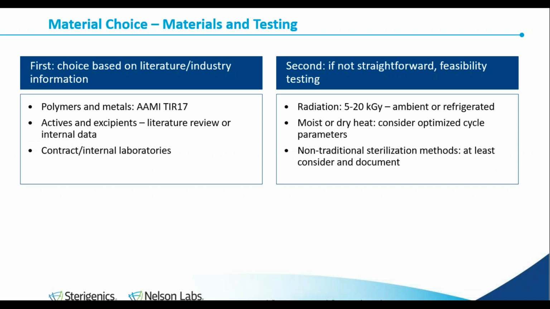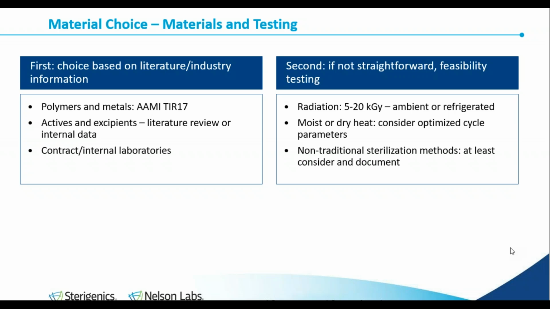And although they are very careful to not share secrets, generalities like this type of material seems to do well with radiation, or does not seem to do well, are things that they can often share. Now, sometimes it's not very straightforward.